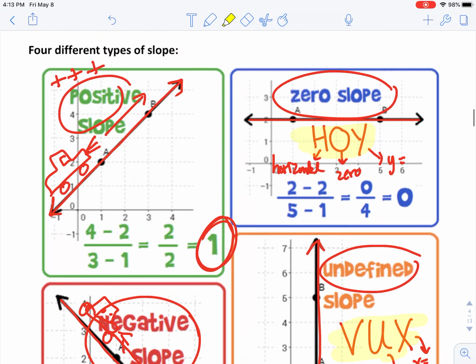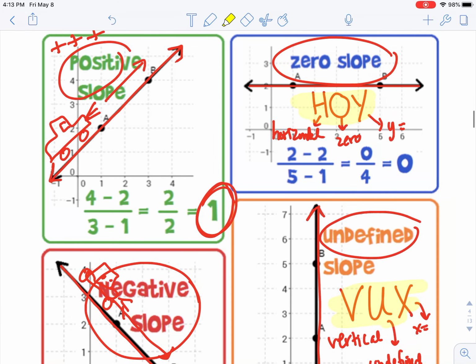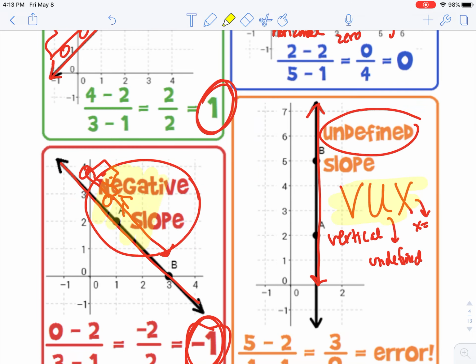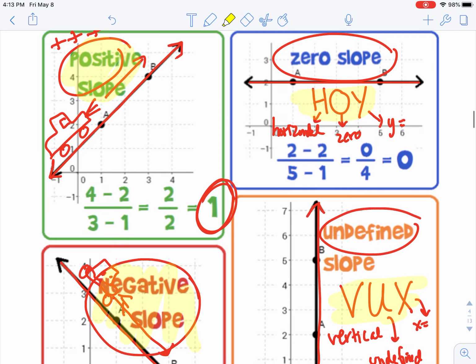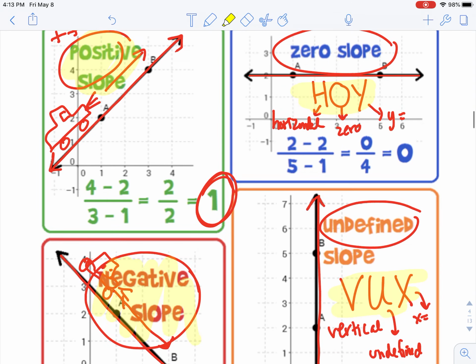All right, so use this page as a sort of a cheat sheet. If it asks you, does it have a positive slope or does it have a negative slope, you can come back to this page and this will be the one that'll tell you if it's going up from left to right, positive, down from left to right is negative, horizontal, 0, vertical, undefined.